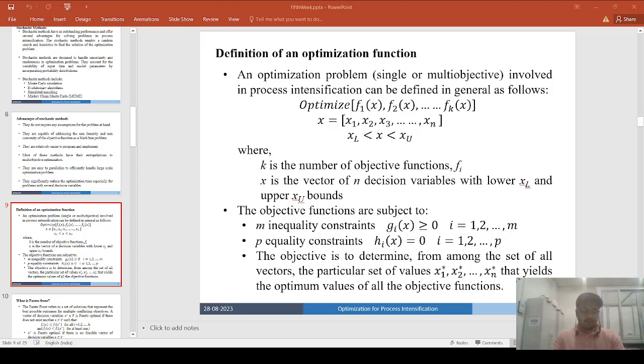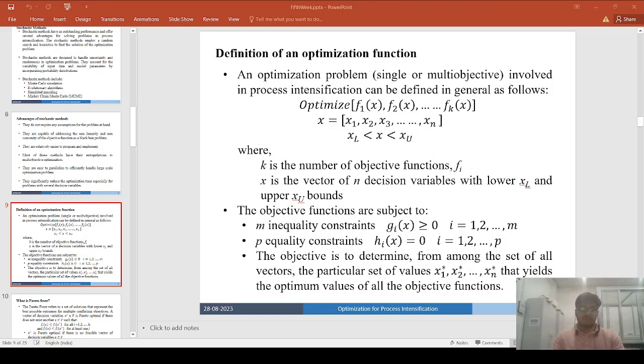Examples are process effectiveness, certain economic indicators, the environmental impact of your chemical process, the level of safety and reliability of your chemical process, and the control properties associated with it. There could be other attributes involved as well, but overall these can serve as the objective functions for the optimization and intensification of a chemical process.